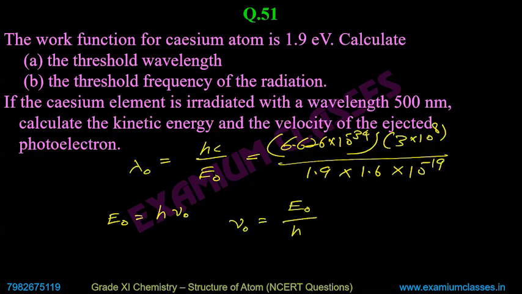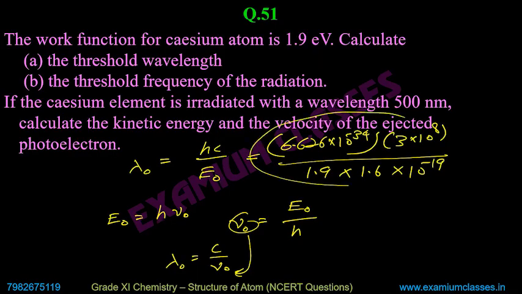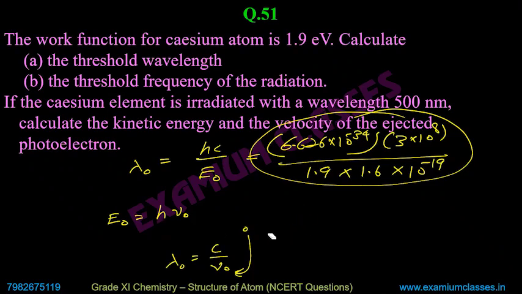And then you will apply the formula lambda naught equals c by nu naught again, substituting this value here. That will be a slightly lengthy process. Here you are just substituting all the values and calculating the answer in one step directly. The other will be a two-step process, and you should avoid that. The way is correct, not wrong, but lengthier.